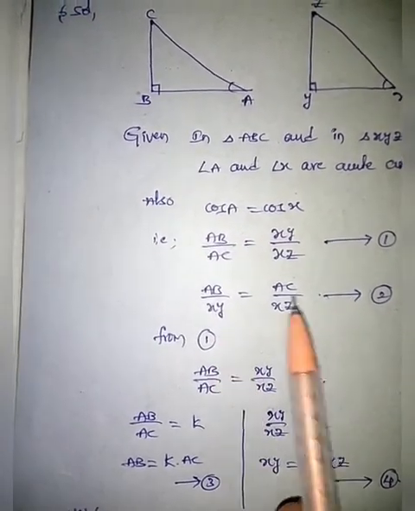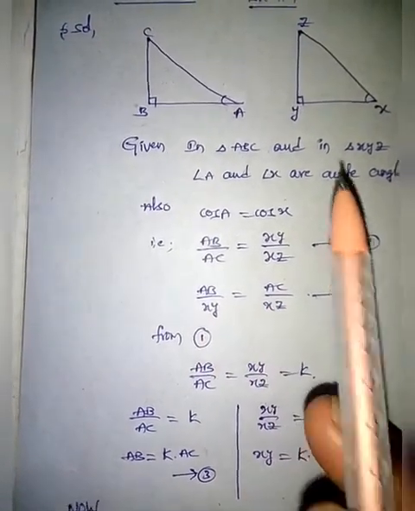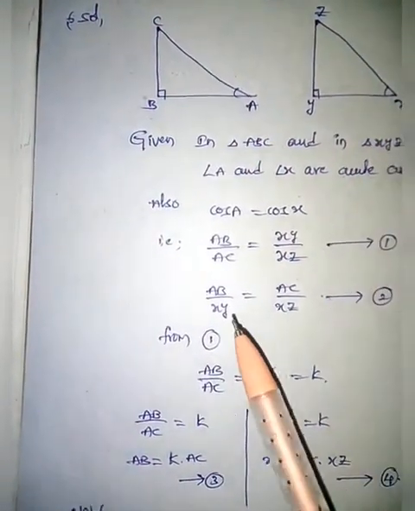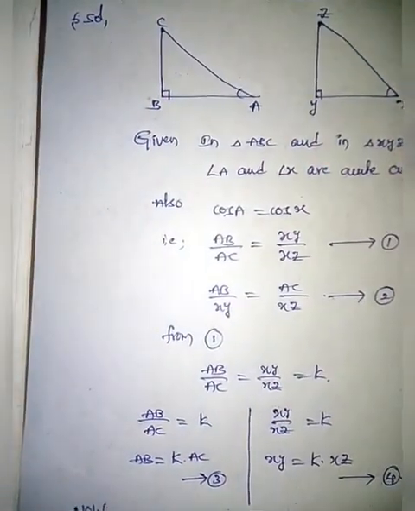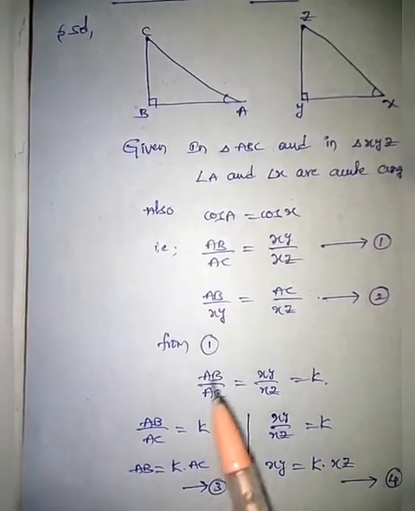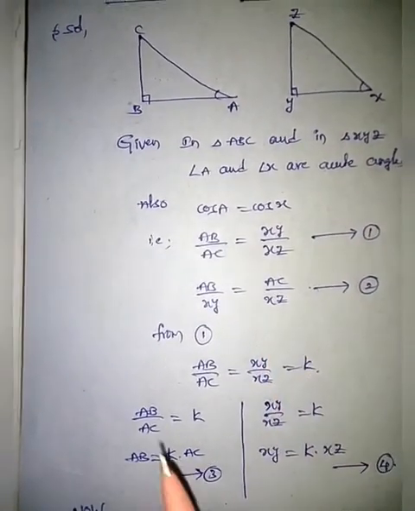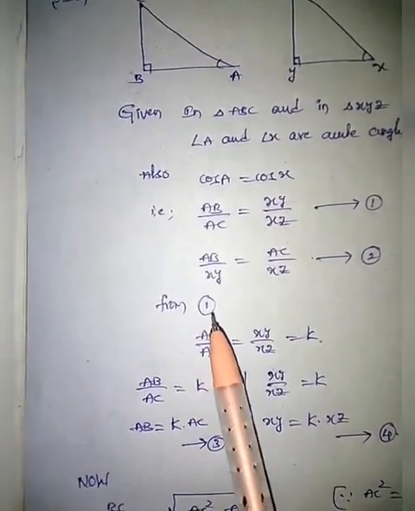Here two corresponding sides ratios of these two triangles are same, one ratio remains, that's why we have to show that the remaining sides ratio is also equal to this. Then we can say that these two triangles are similar.